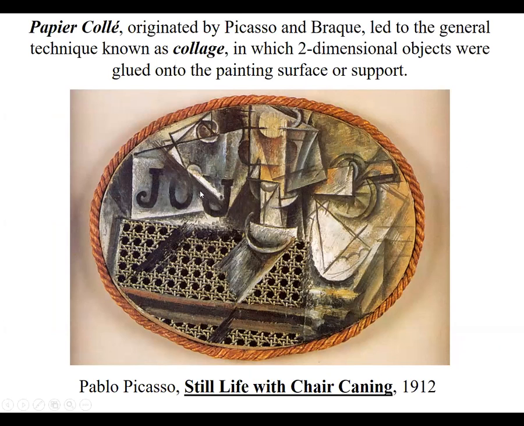And so here's a Cubist painting by Picasso that also has the addition of real textures that have been glued onto its surface, or in this case, also glued around the outside of the surface. So we've got a real piece of rope that's been nailed to the outside of the stretched canvas, and that gives us another texture to play with. But there's this piece of chair caning in here that's kind of fun.